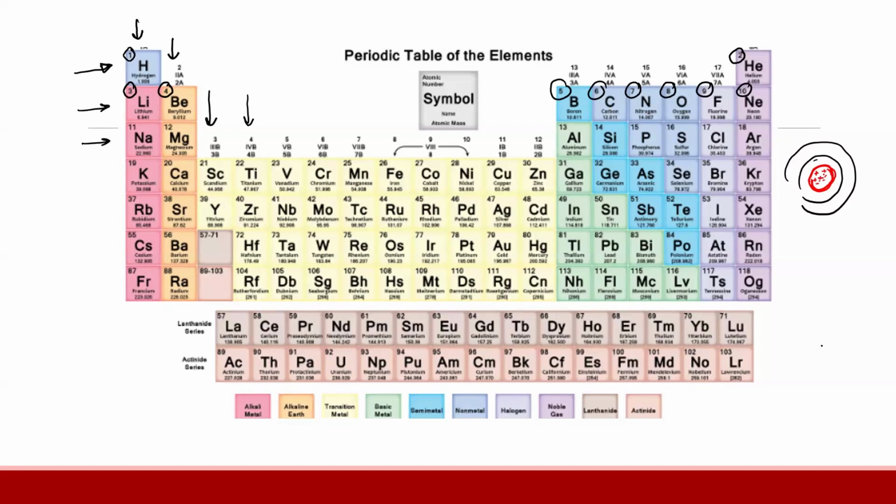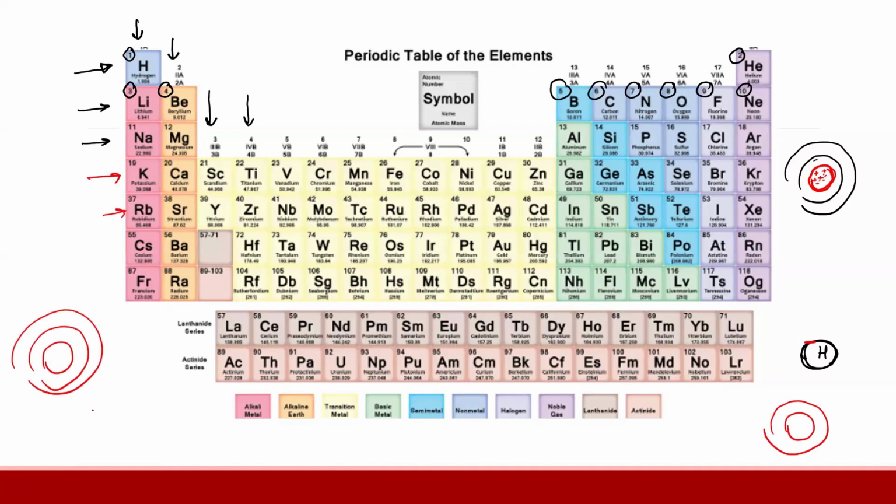So hydrogen has just 1 shell around the nucleus. So 1 electron will stay in that 1 shell. If you look at lithium, lithium has 2 shells. Potassium has 3 shells. Rubidium has 4 shells. Likewise, 1, 2, 3, 4, 5. This row number tells you how many shells are there around the nucleus. Make sense?